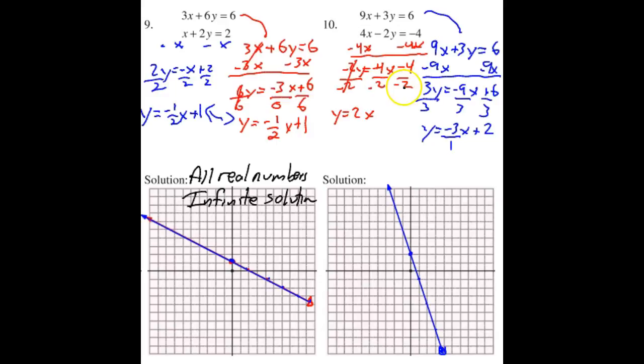Negative 4 divided by negative 2 is positive 2 as well. So we're going to start at positive 2 here and go up 2 over 1. We can already see where these are going to intersect, so that was our first y-intercept with our answer. Okay, so we're intersecting right here, which is 0, 2.